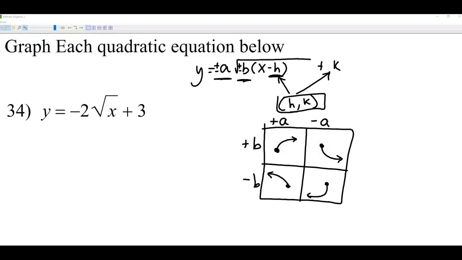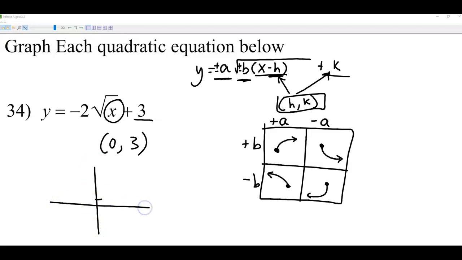All right, so on this one, notice that there's no number underneath the square root with the x being subtracted or added, so that means that my h is 0. And the number outside is 3. So that's going to be my starting point. Next, I'm going to look at the b value.